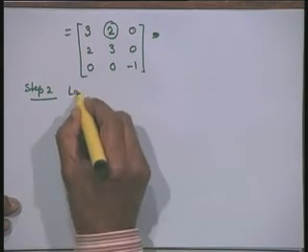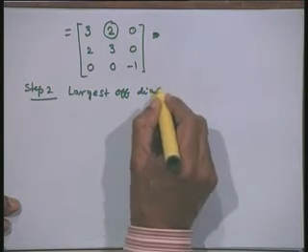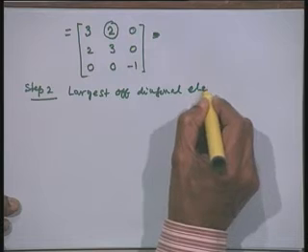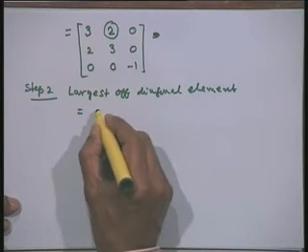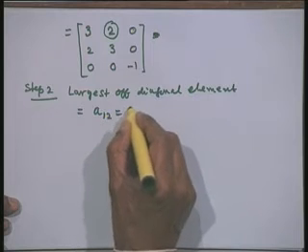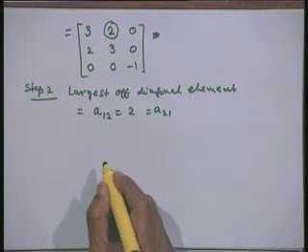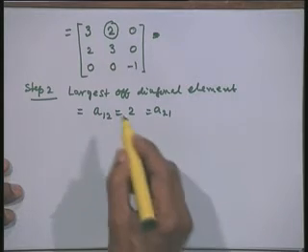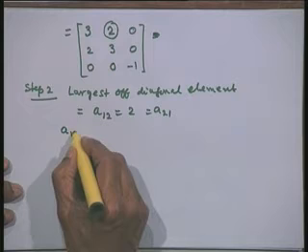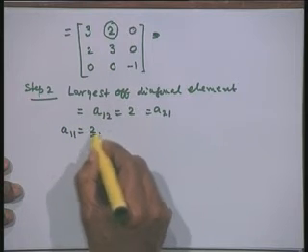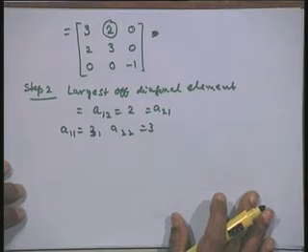Step 2 is now I will take the largest off diagonal elements. The largest off diagonal element is at the A12 location, that is 2, and A21. Now, the corresponding diagonal elements are A11 and A22. So, the corresponding diagonal elements are A11 is 3 and A22 is equal to 3.